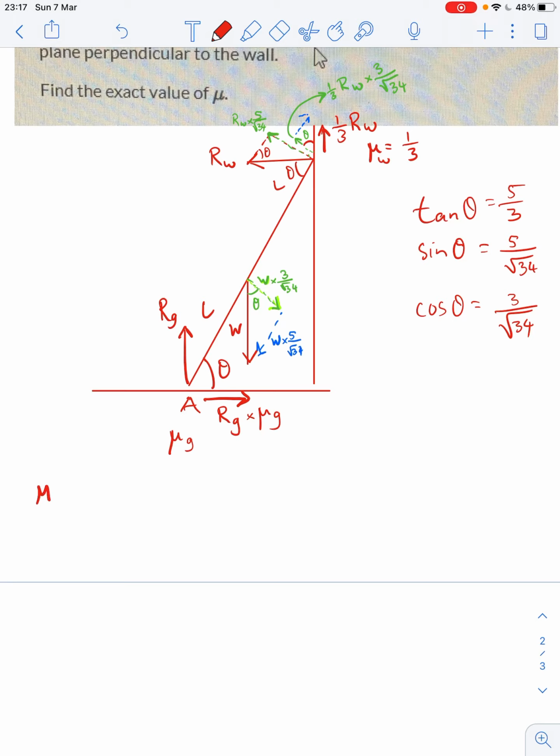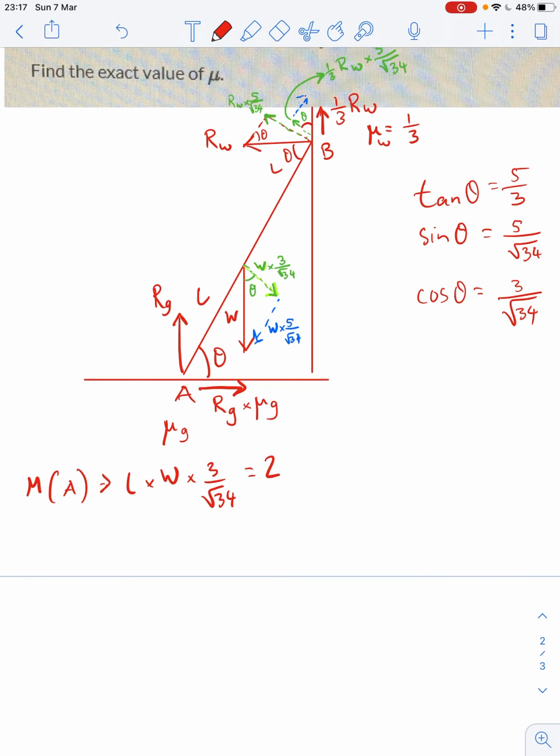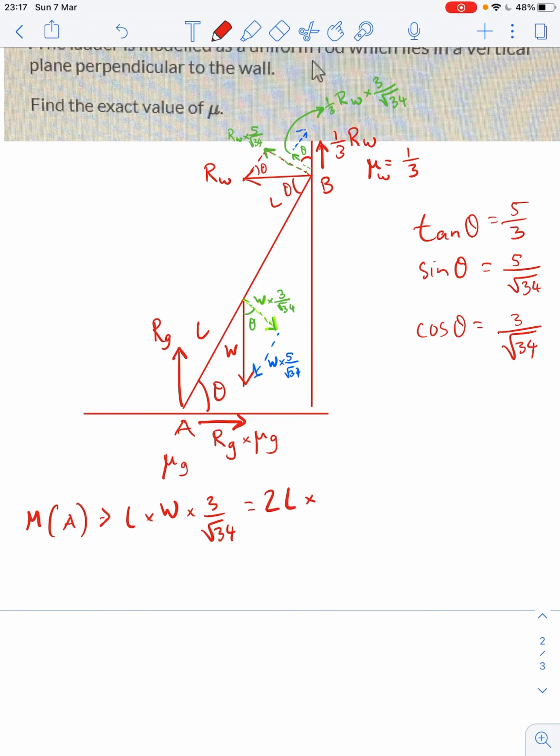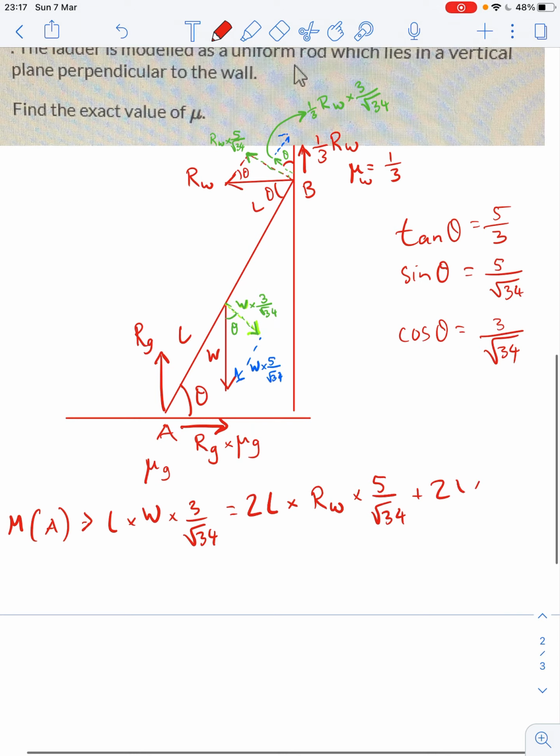So let's take moments around A, leaves us with L times W times 3 over root 34 is going to equal, because both of these forces are going anti-clockwise up at B, I forgot to label this B, so that's going to equal 2L times RW times 5 over root 34, add 2L times a third RW times 3 over root 34.